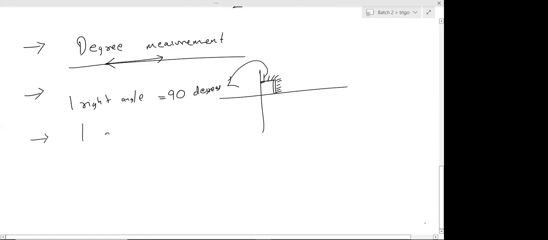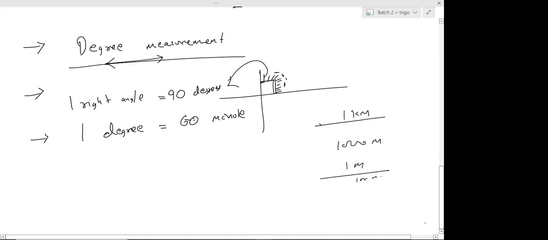But what is 1 degree? 1 degree is again divided into 60 equal parts. If you take each small division and divide that into 60 equal parts, that will be called a minute. Like 1 kilometer is 1000 meters, again 1 meter is 100 centimeters, and so on.